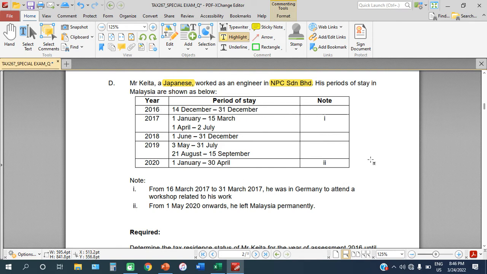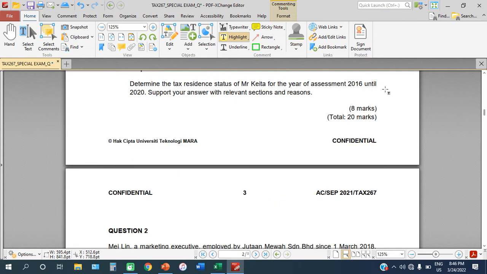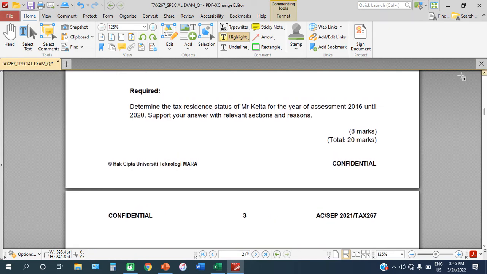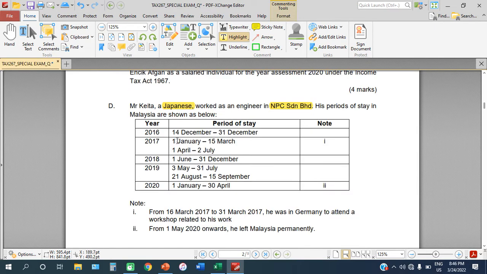Okay, so before we proceed, everyone, let's take a look at the required. Determine the tax resident status of Mr. Kita for YA 2016 until YA 2020. That's why the question gives you info starting from 2016, because you need to determine his status.